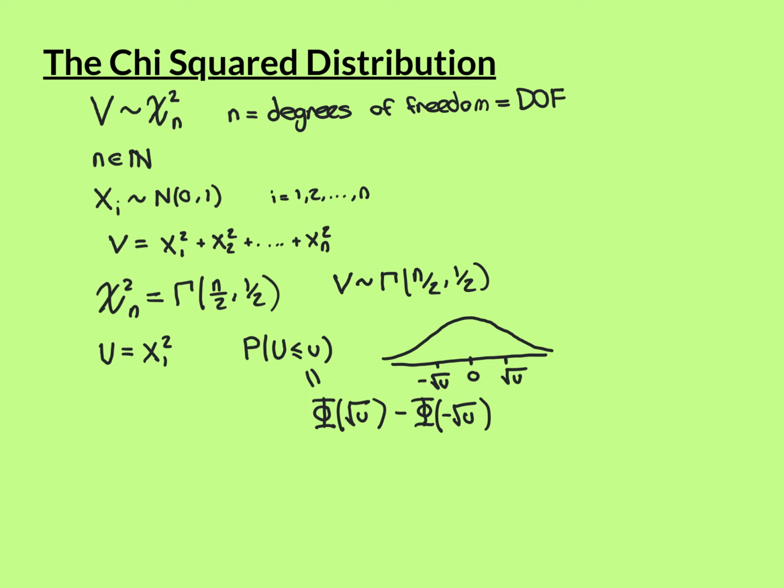So 0 is going to be a problematic number with regards to the PDF of this. You'll see when we find the PDF of this that it has an asymptote at 0, so it's not actually going to be defined at 0. You're going to end up having to divide through by 0 if you were trying to apply this PDF to 0. So 0 is a tad problematic.